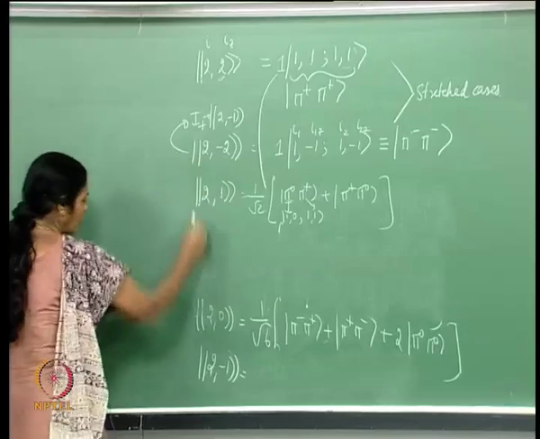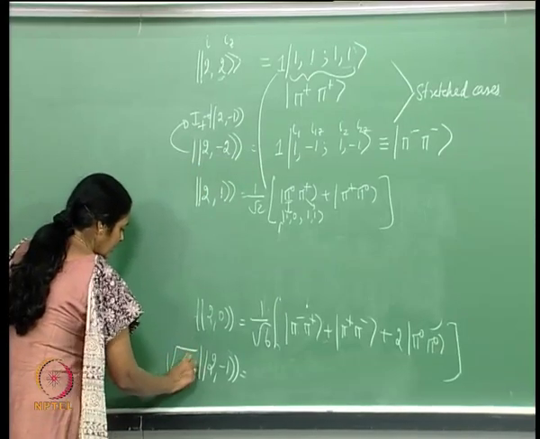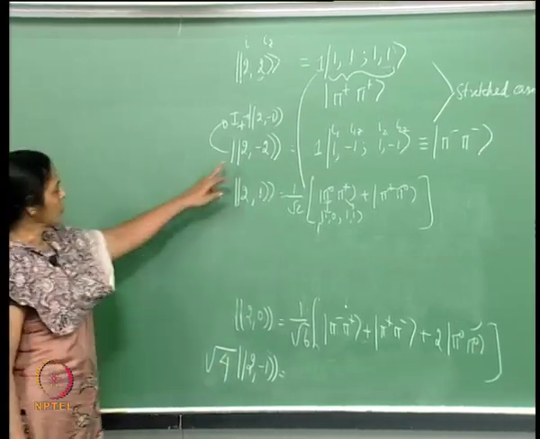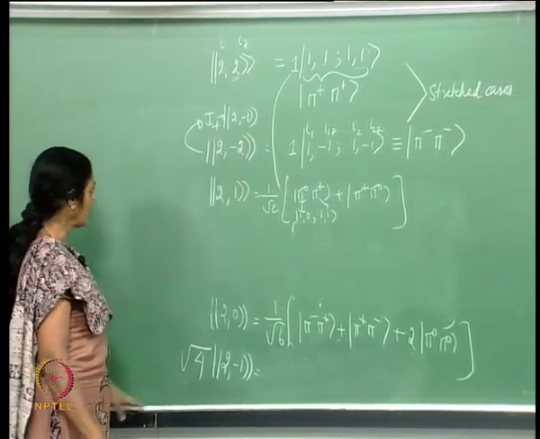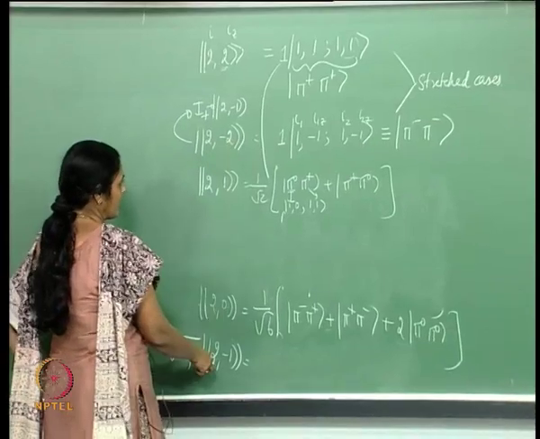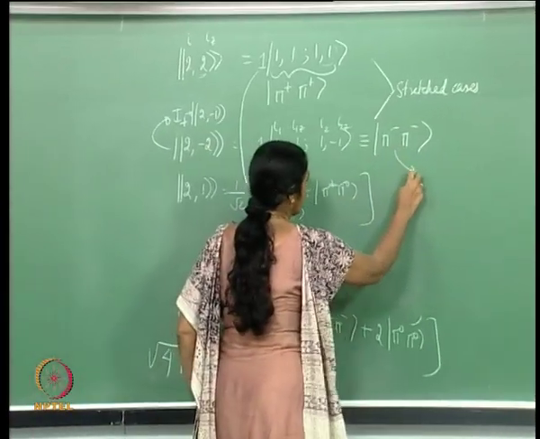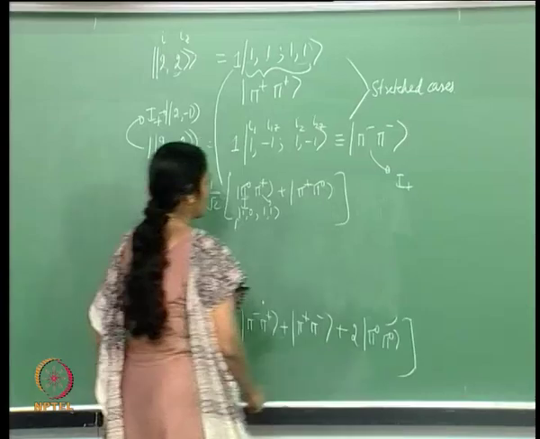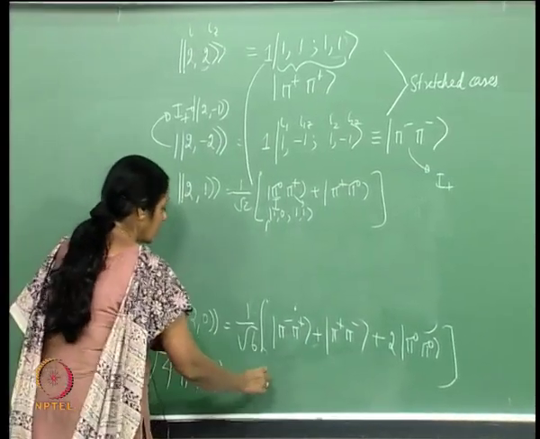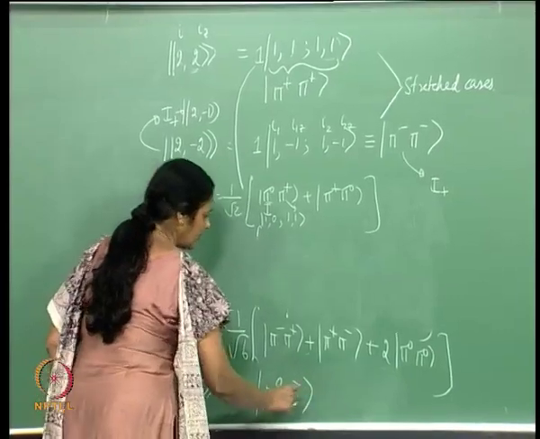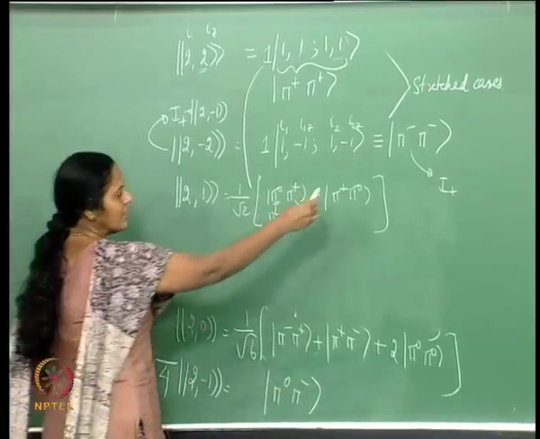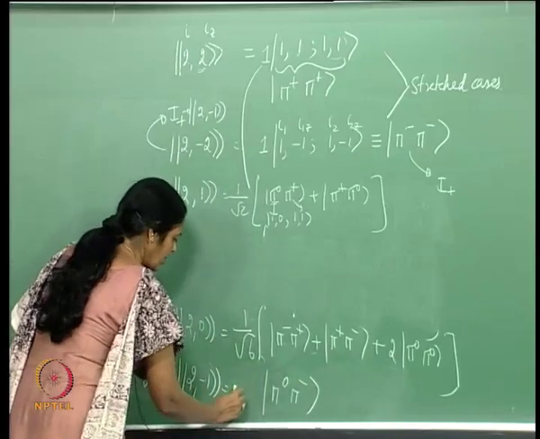What is the overall coefficient? It is root 4, because it is I minus m times I plus m plus 1. That is on the left hand side. On the right hand side, I use an I plus on this. So, the first pi minus goes to pi 0, leaving the second entry as such.